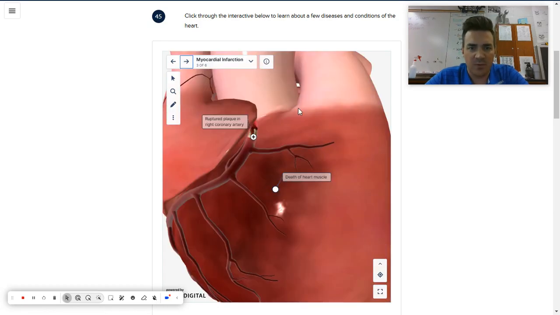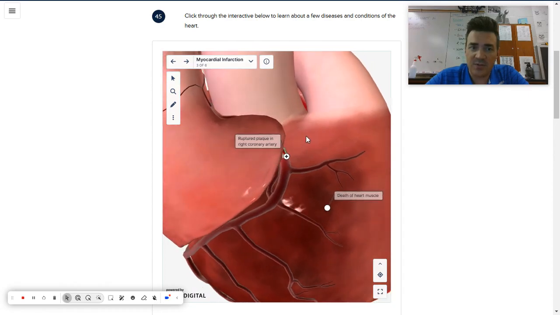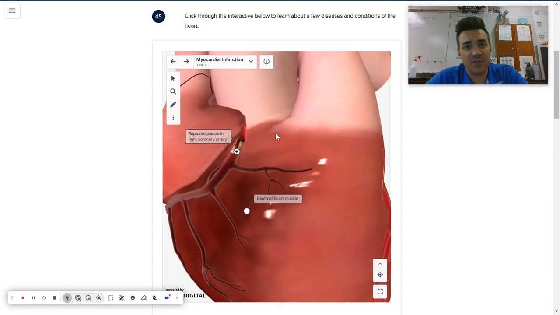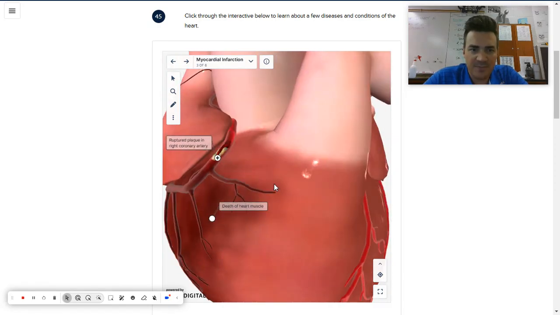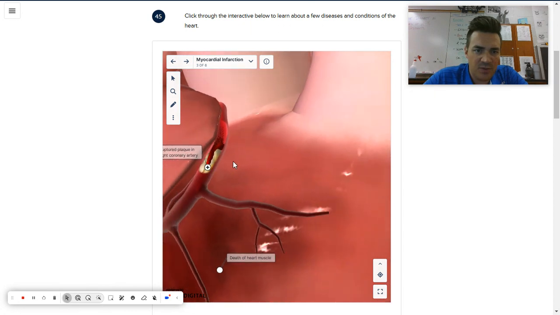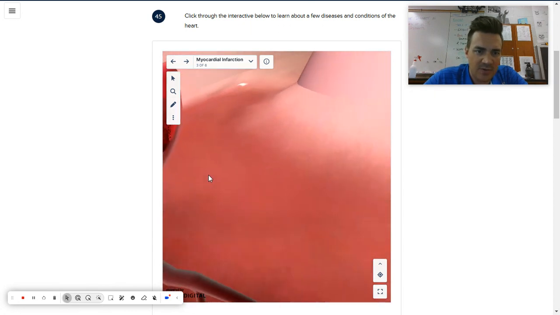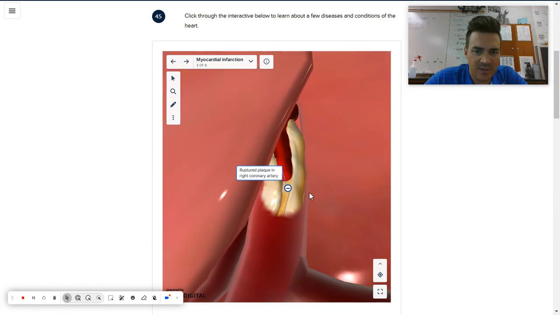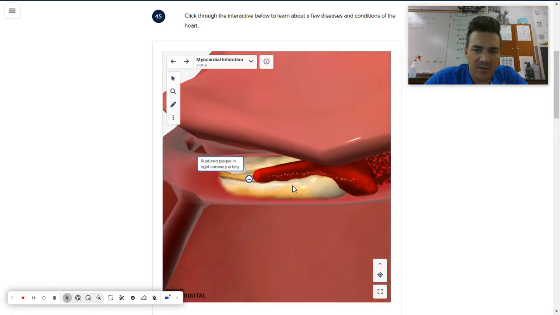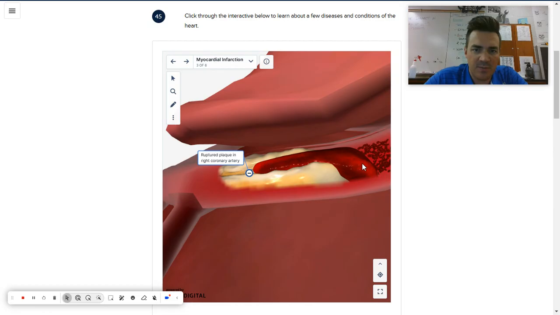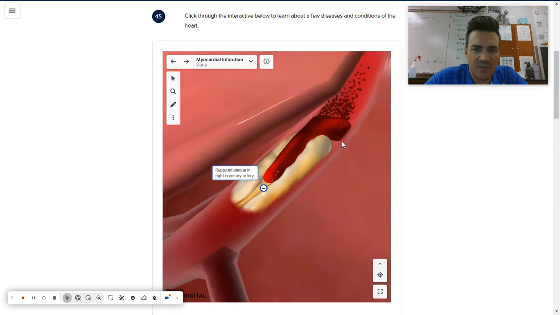All right. So all this together can eventually cause what's called a myocardial infarction, which is just a fancy science term for a heart attack. So here is another one of those coronary arteries, right? You have a ruptured plaque in the artery, like you see here. Actually, if we click here, we can see it a little bit better. You have this plaque, and then we have this rupture, and we have blood getting stuck in here, and we actually have a clot forming.